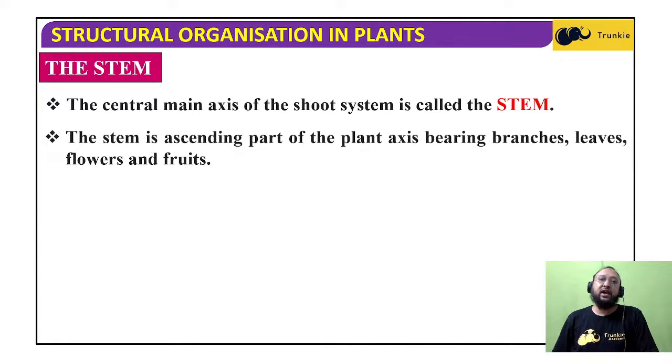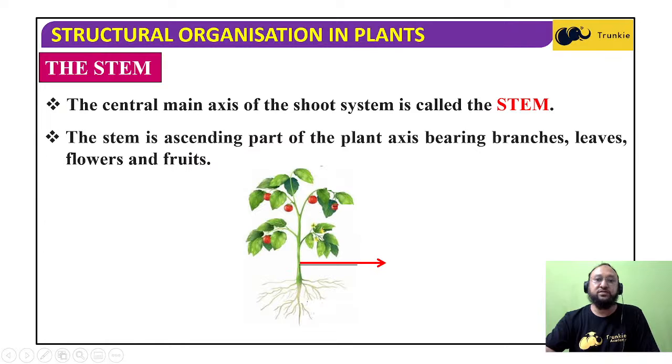That is called a radicle and plumule, from the seed. These radicles develop into root, and plumule develops into shoot, which is above the ground, and root develops into the soil. The stem is the ascending part of the plant axis, bearing branches, leaves, flowers, and fruits, okay.